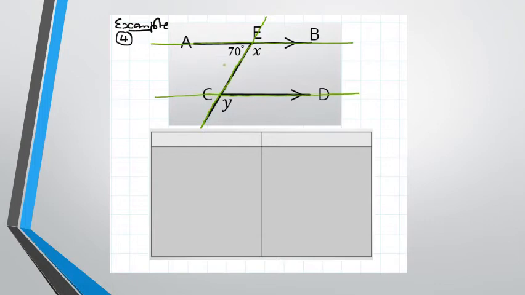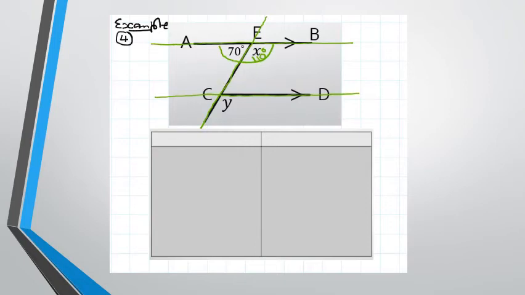Now I'm looking. Oh, I see here that those two are supplementary angles. Two adjacent angles on a straight line are equal to 180. That means if the straight line is 180 and I subtract 70, x must be 110 degrees.